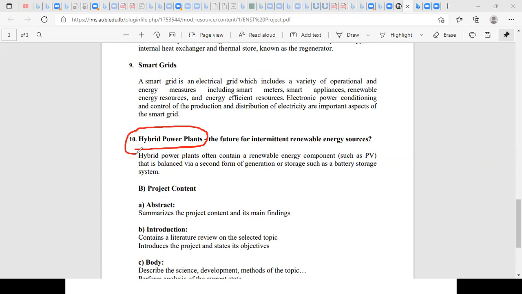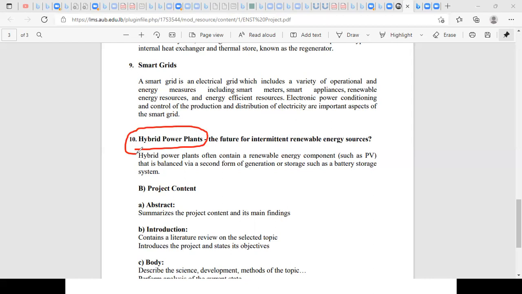As we said, sometimes in transition phases, when we are not ready to completely switch to renewable energy, we can combine renewable energy with current sources of energy like fossil fuel power plants or power plants relying on, let's say, coal or nuclear power, etc. When you combine different sources of power, you can increase the efficiency of both systems. And we'll see together when we study the cycles that by combining different cycles, you can increase the overall efficiency of the cycle.